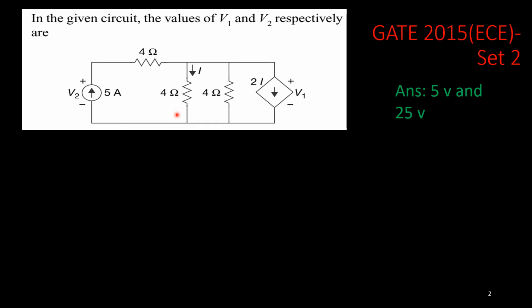Now we need to find the potential across the independent current source, V2, and across the dependent current source, V1. You know that the potential across a current source depends on the circuit network. It depends on external circuits.